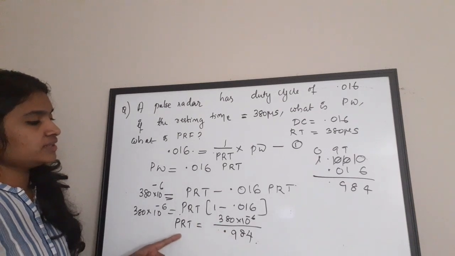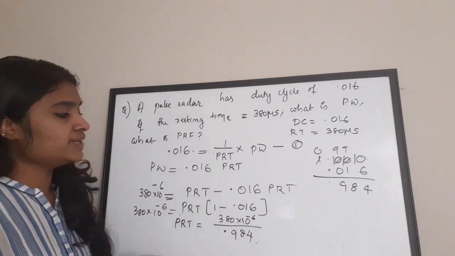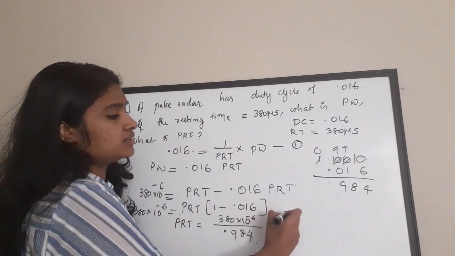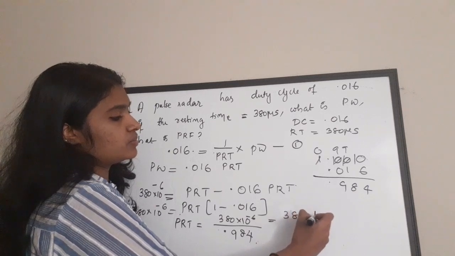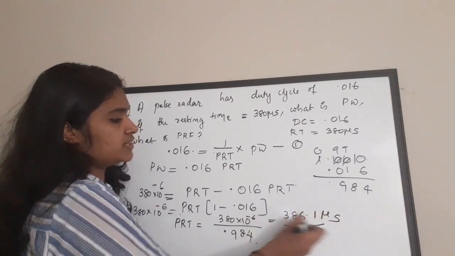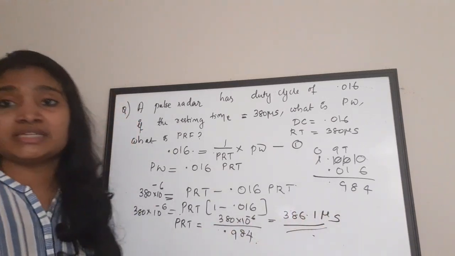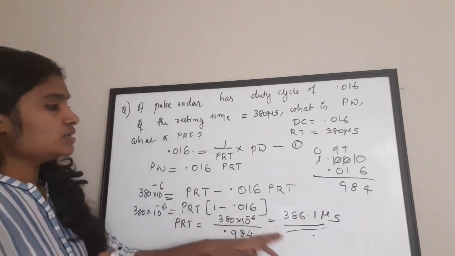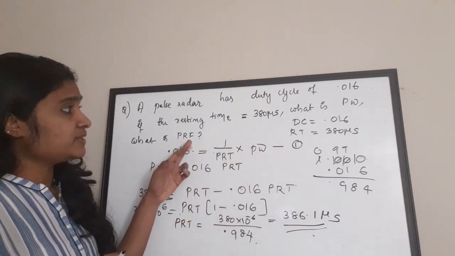Now you have to solve it and find the value. If you solve this sum, you will get the value as 386.1 microseconds, which will be the value of your pulse repetition time. Okay, so we have obtained the value of pulse repetition time.